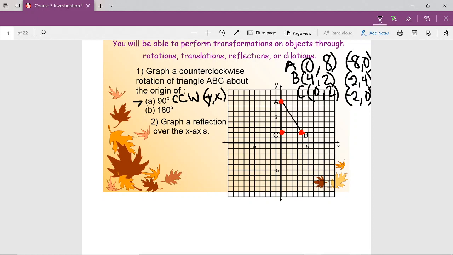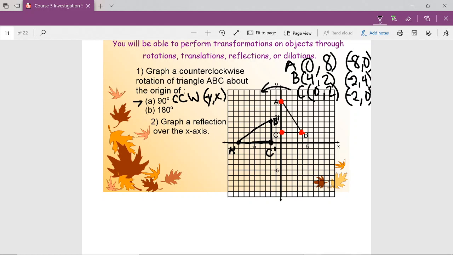So my 90-degree counterclockwise rotation going this way is going to be at negative 8, 0. So right here is my A prime. Negative 2, 4 is going to be my B prime, and C prime is at negative 2, 0. So right here. A lot easier to do it that way than trying to do it just by sight.